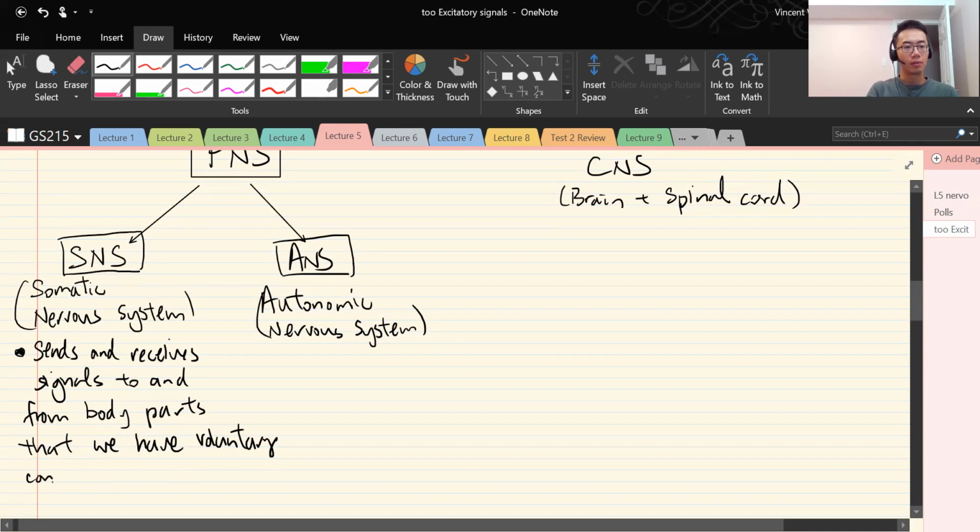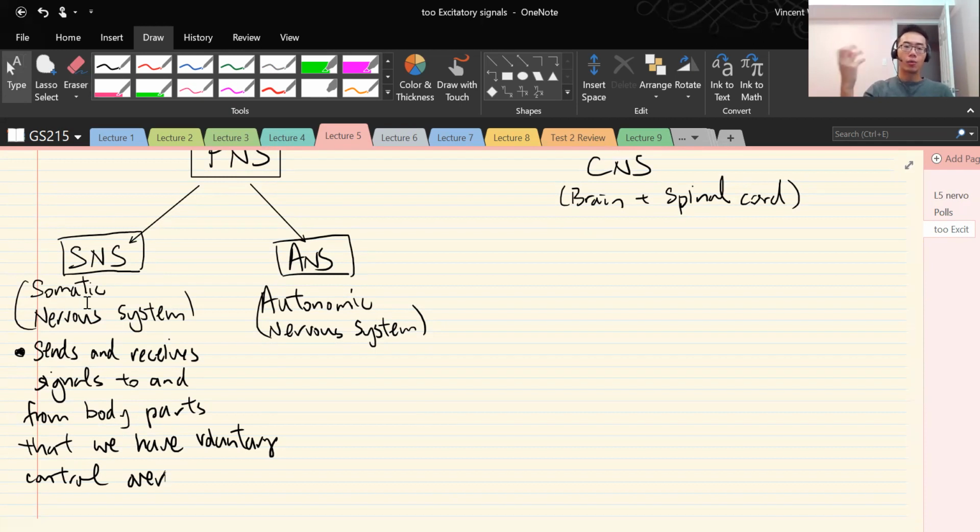So like to your hands, for example. If I want to move my hand, that's going to be sent through the neurons in the SNS. If I touch something hot and I feel the burn, then that's going to be relayed through the SNS as well, because I have voluntary control over that part of the body.